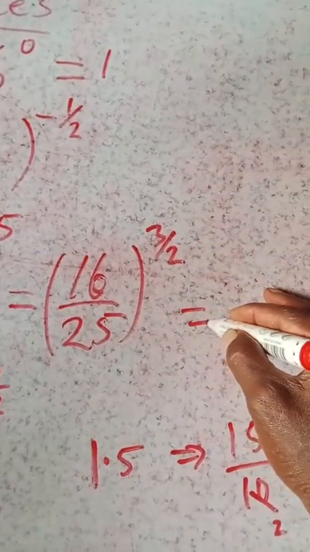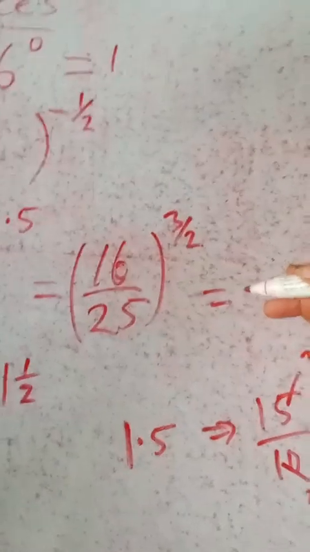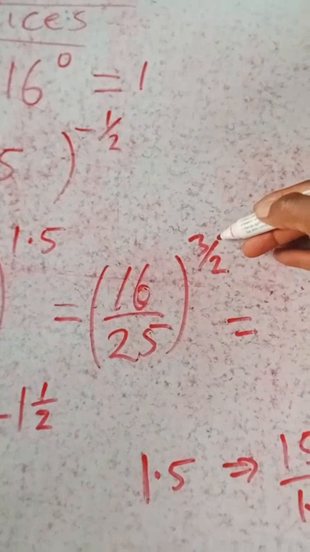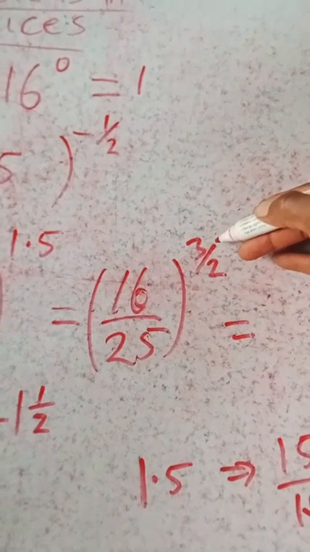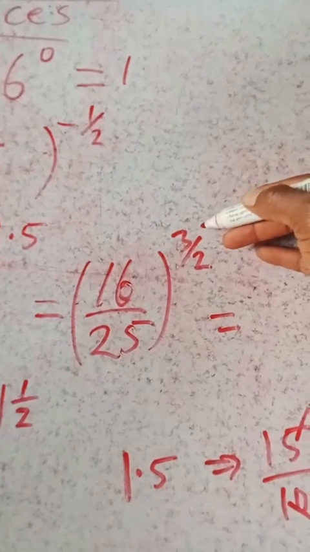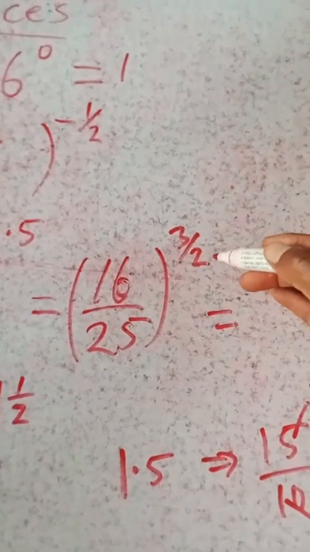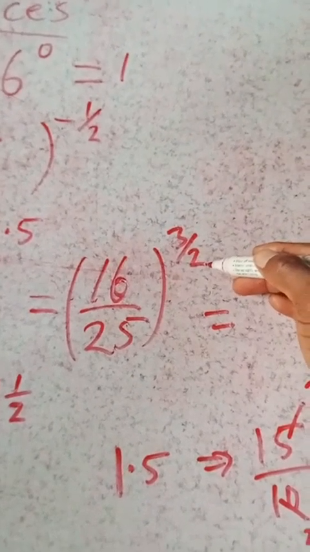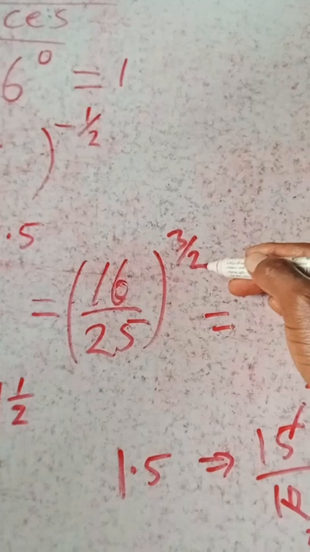I told us in our laws that when the power is a fraction, it's called a fractional index or fractional power. So when the power is a fraction, what do we do? The denominator of the power always forms a root, as I told you. So the denominator here is 2.